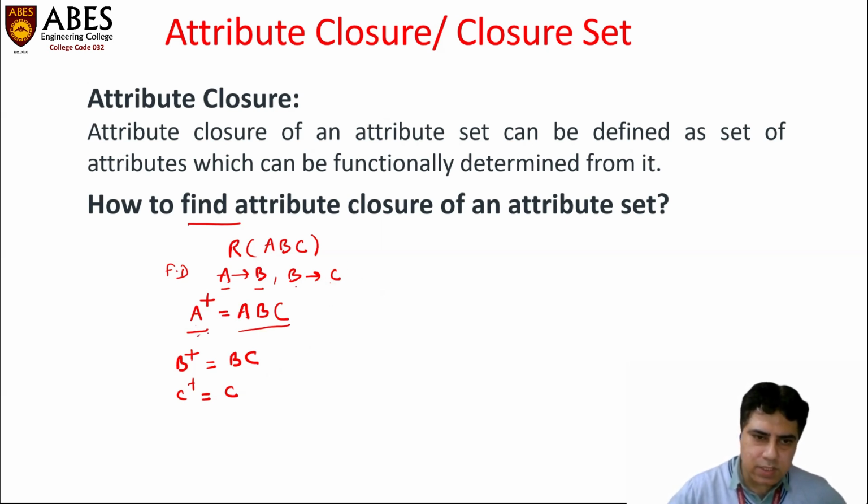From the closure set of A, we can functionally determine A, B, C. From the attribute closure of B, we can only determine B and C. And from the closure set of C, we can determine only C.